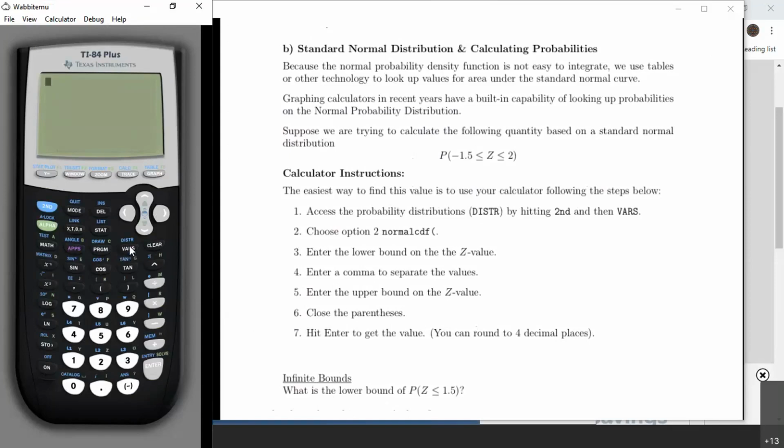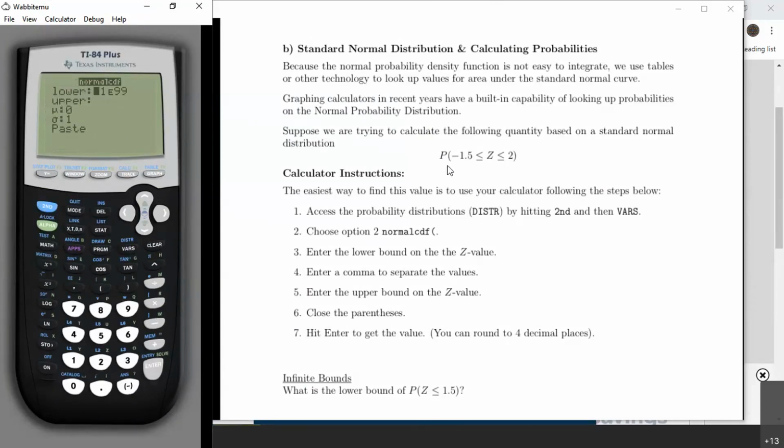See VARS up here? It's the second on that key. So second, VARS, and you'll see normal PDF, normal CDF. Because the normal distribution is a continuous distribution, you want to use cumulative probabilities all the time. So I'm going to choose normal CDF.